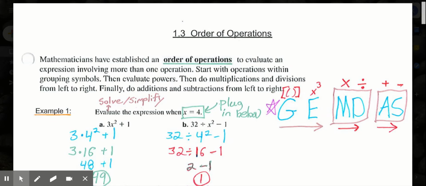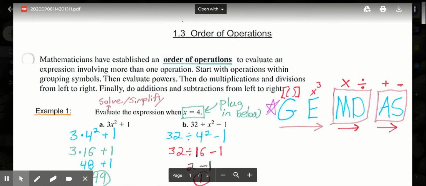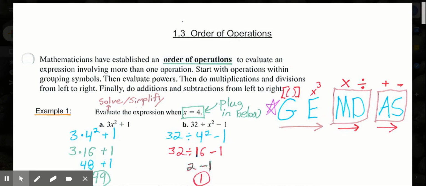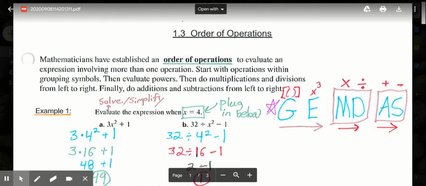So that's why it's a G and not a P for parentheses. Now we're dealing with all grouping symbols. Could be brackets, could be parentheses, and so on. After grouping symbols, we move to our exponents and powers. Then multiplication and division from left to right, and then addition and subtraction from left to right.